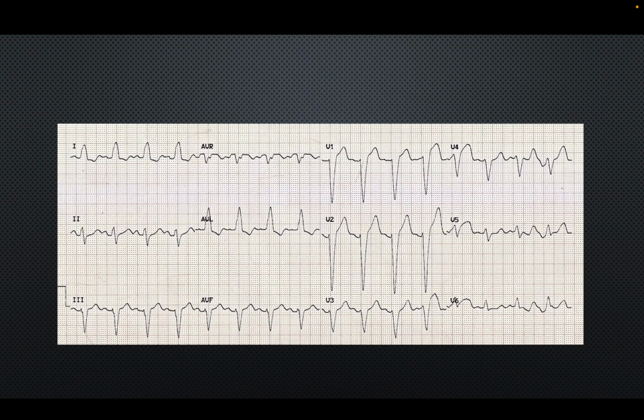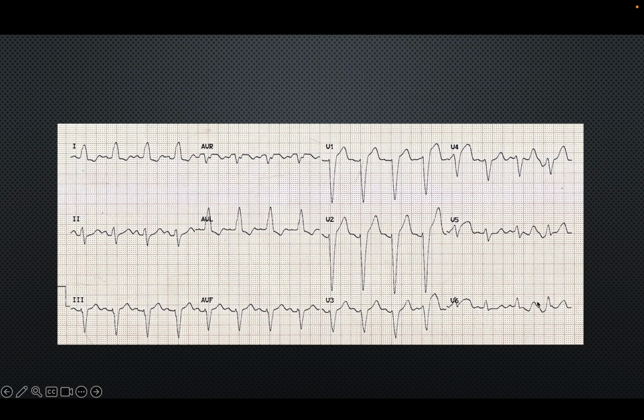So if you look at this one, take a second and think, okay, what could this possibly be? It's a little bit hard to distinguish, but you can tell right away that the QRS is not normal. So you know right away this is not a supraventricular issue. Typically in your left bundle branch blocks, you're going to see some really messy stuff, V1, 2, 3, and 4.